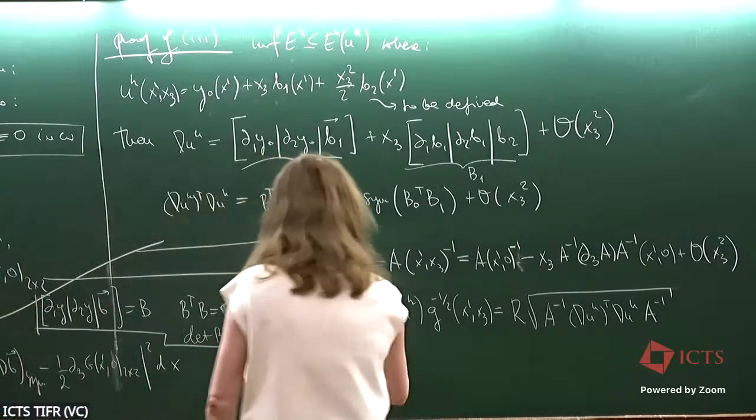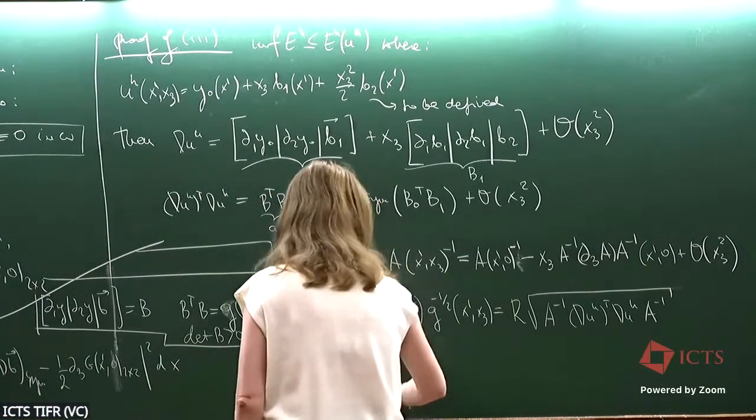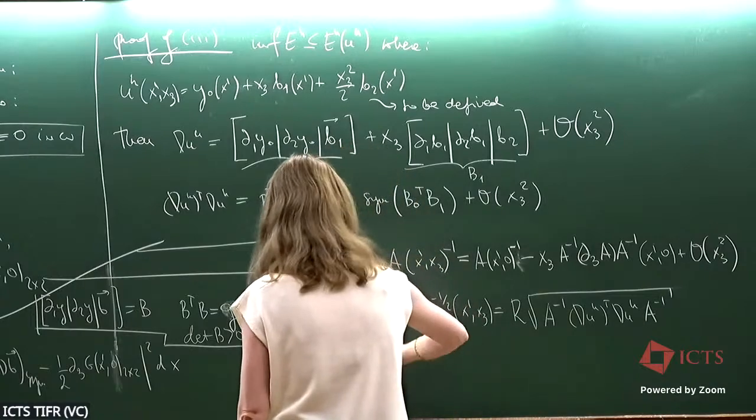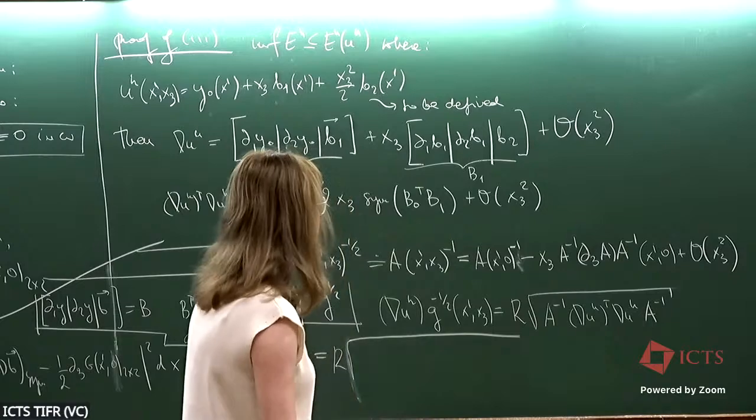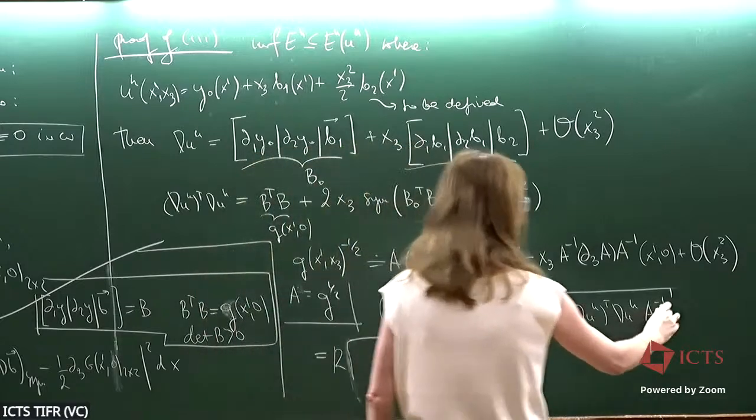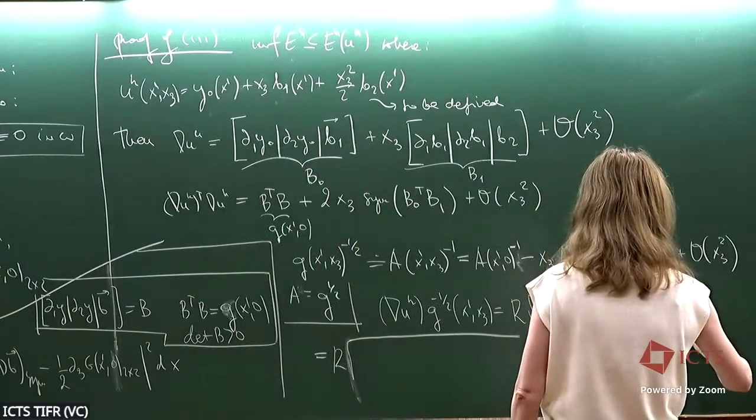That is R times the square root of a matrix. All of this is computed at x', x3.